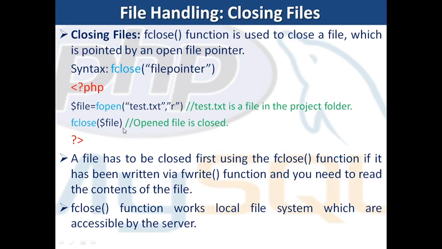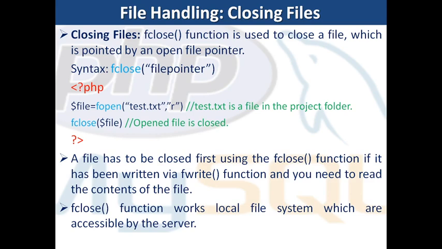Here, one thing we have to keep in mind is that a file has to be closed first using the fclose function if it has been written via the fwrite function and you need to read the contents of the file. It means when you open a file in R plus mode, A plus mode, or W plus mode, the modes are for read and write both.